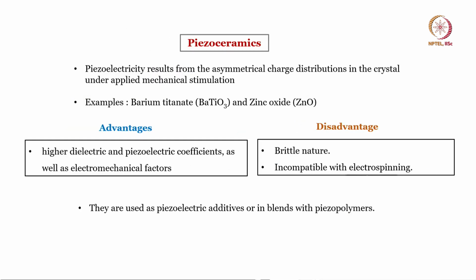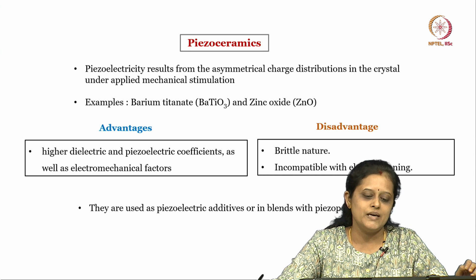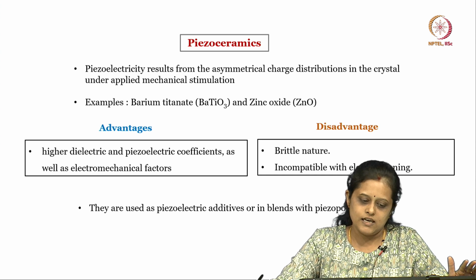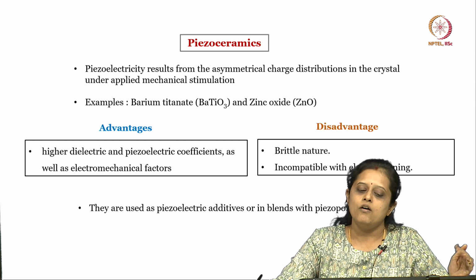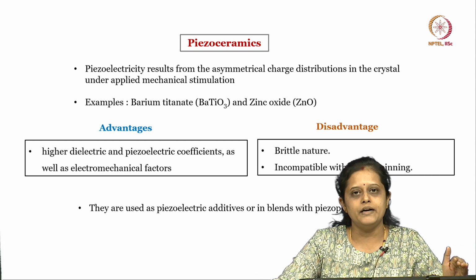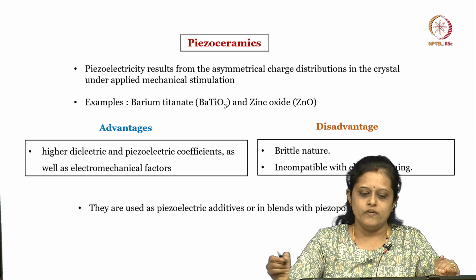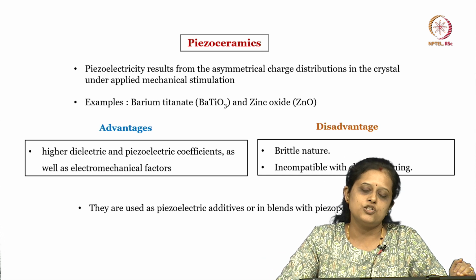Next, coming to the inorganic piezoelectric materials, which are also said to be the piezoceramics. In case of these materials, the piezoelectricity is generated from the asymmetrical charge distribution within the crystal under applied stress. When there is an asymmetrical charge distribution, there will be a polarization of the material.